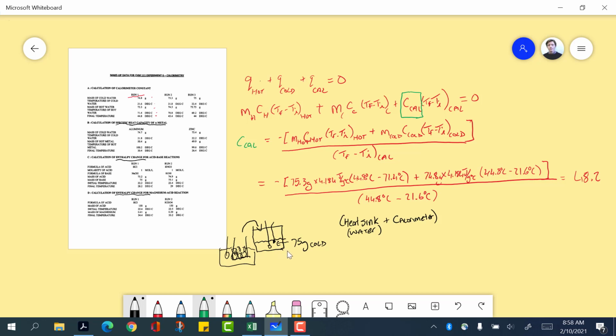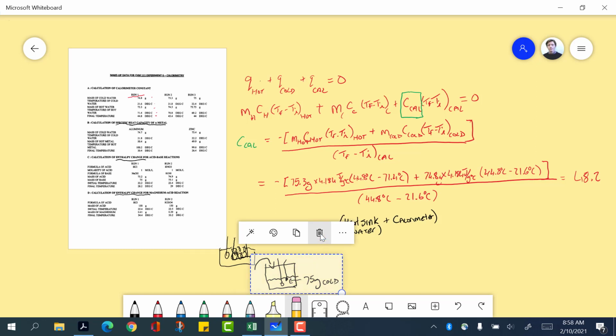So how do we calculate the specific heat of the metal? Well, now that we know our calorimeter constant, we can.